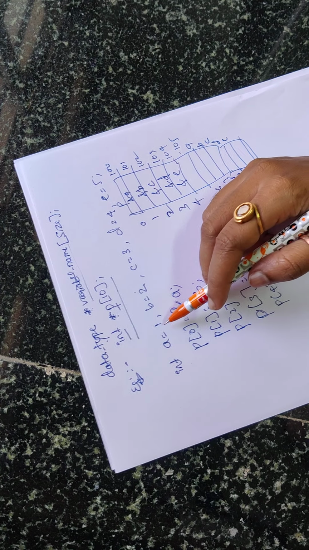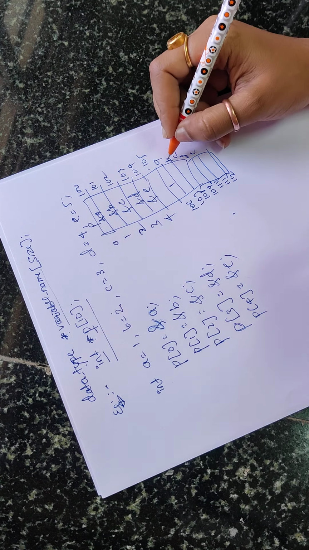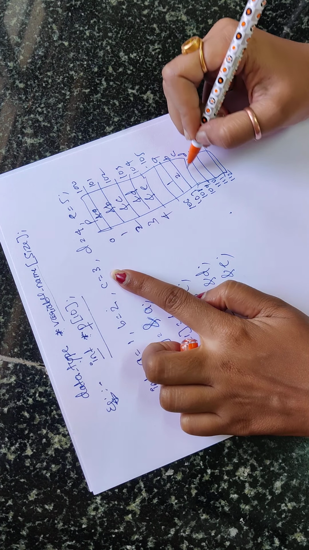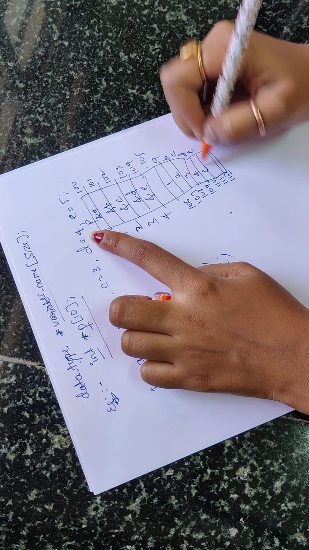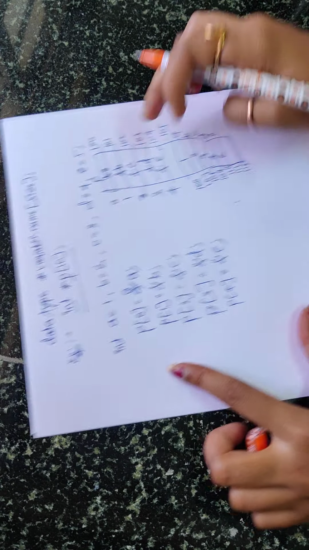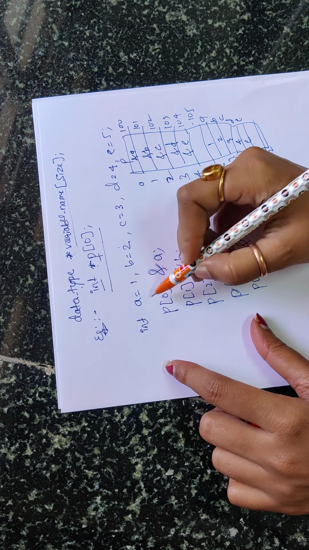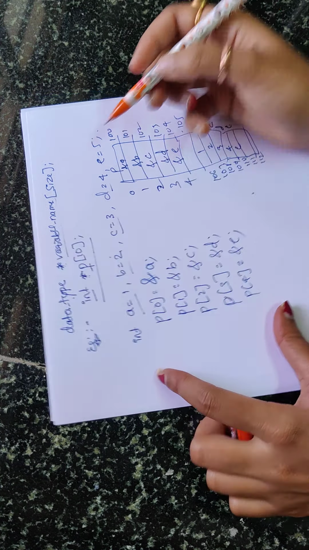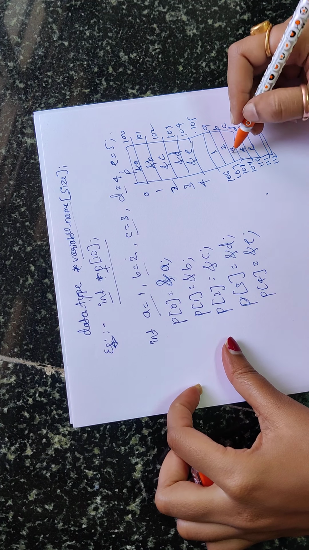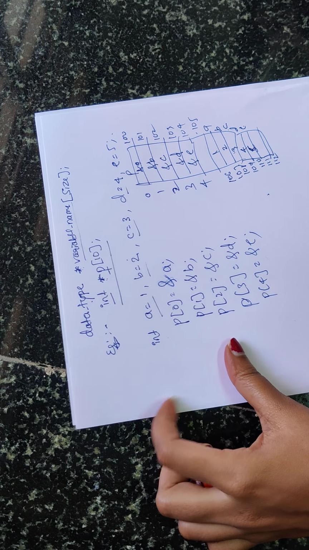Now in a, what had we stored? In a we had stored 1, in b 2, in c 3, in d 4, and in e 5. So we declared a, b, c, d, e, and stored the respective values 1, 2, 3, 4 and 5 in those variables.